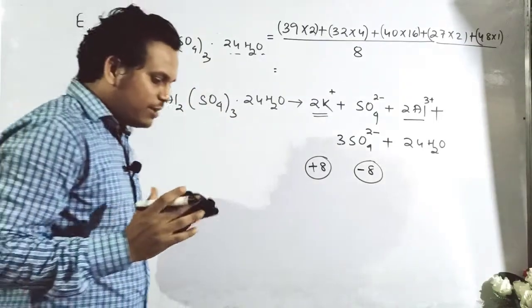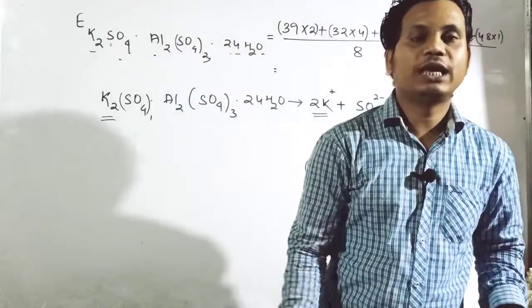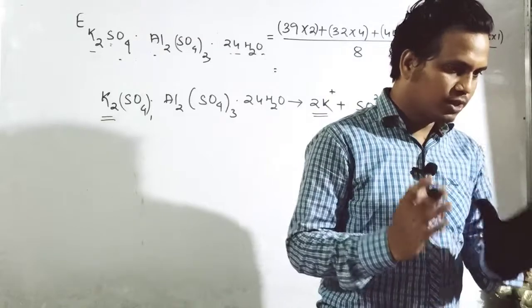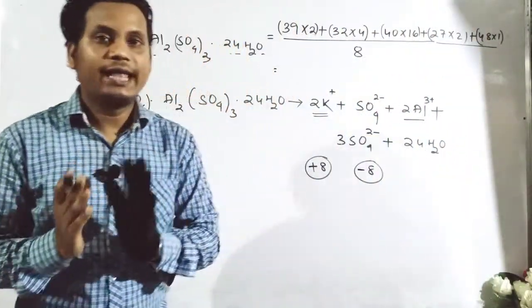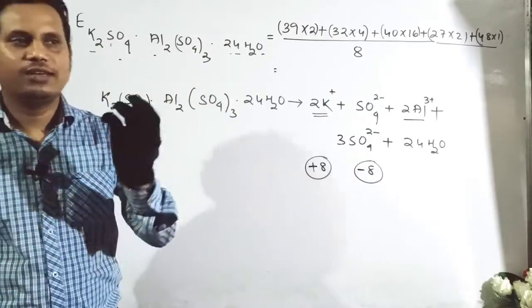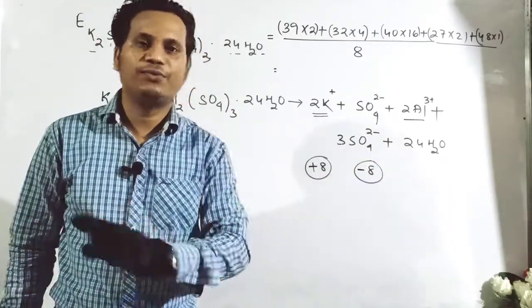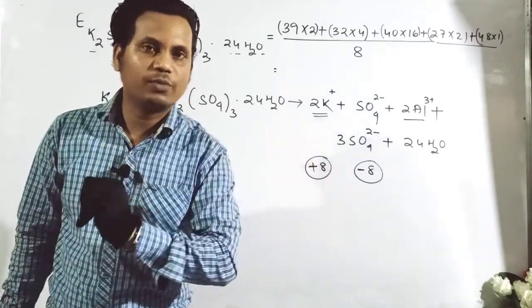So now we have discussed 2 types of compound for which we have calculated equivalent mass. First one was element. So for element, what is the formula? Atomic mass of the element divided by valency. Next, for ionic compound, what is the formula?